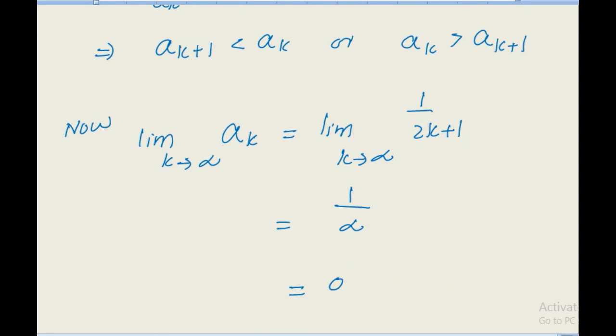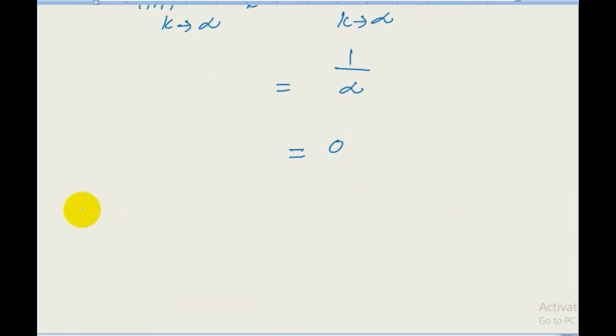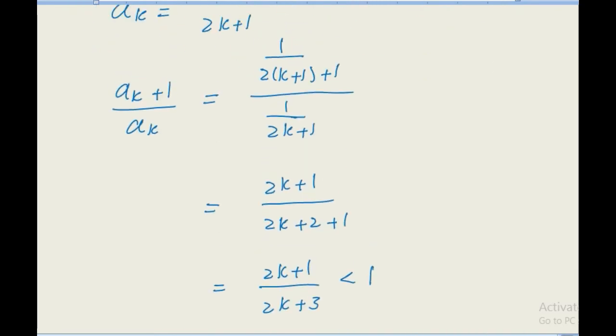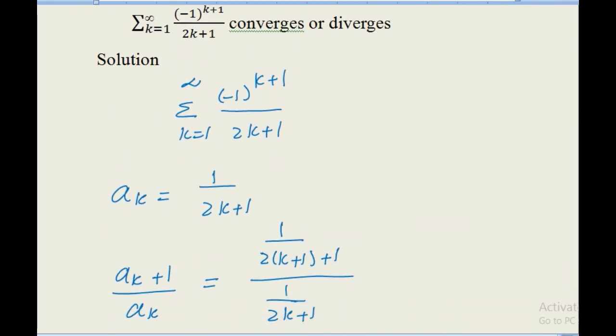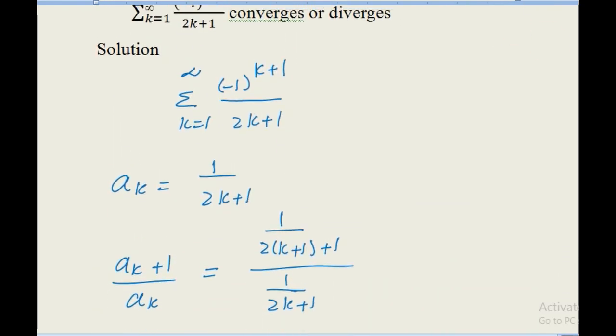Now both conditions are satisfied. So this series is a convergent series because both the conditions of convergence of alternating series are satisfied.